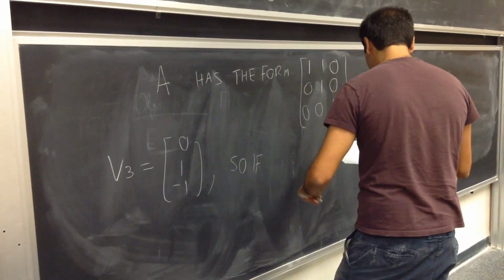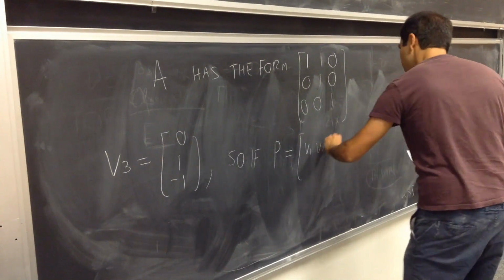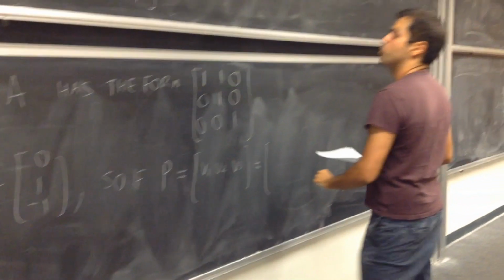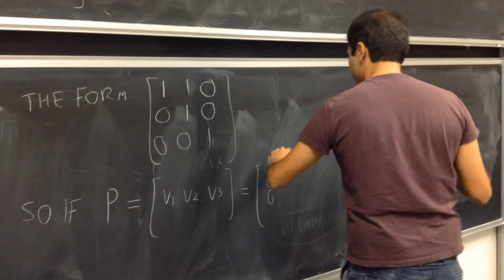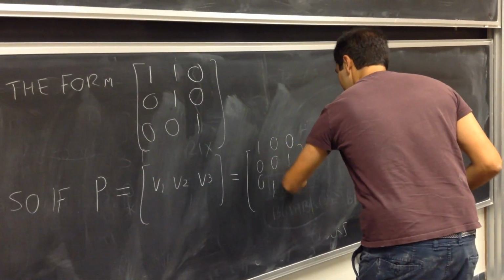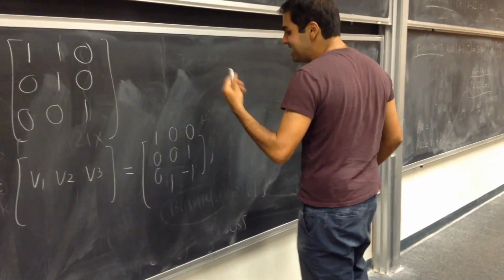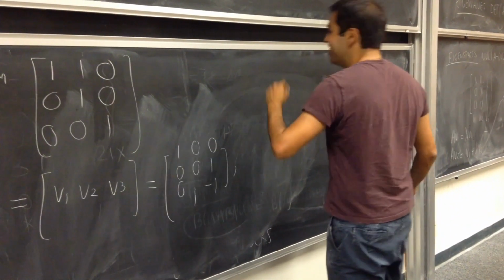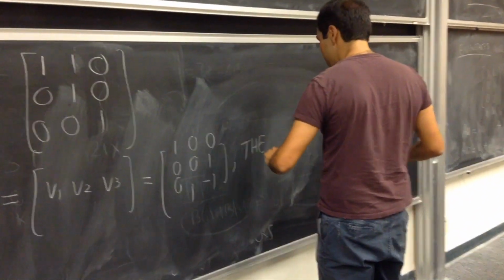In other words, if you let P equal v1, v2, v3, which is 1, 0, 0, then v2, 0, 0, 1, and 0, 1, minus 1, then before we had A equals P D P inverse, but now, since we're talking Jordan, we want to say A equals P J P inverse.